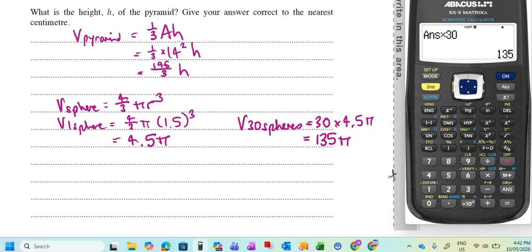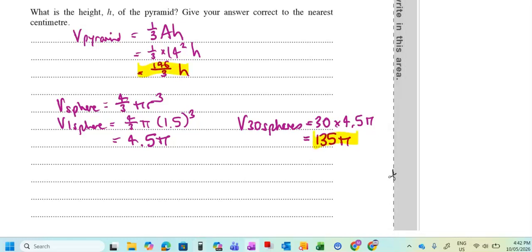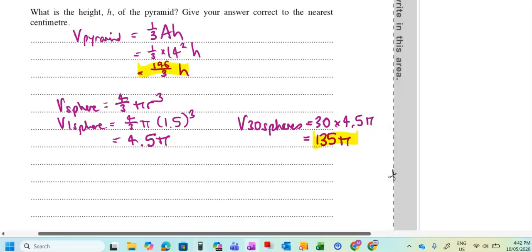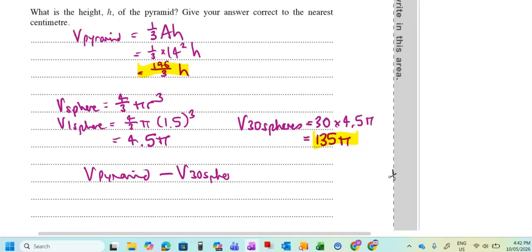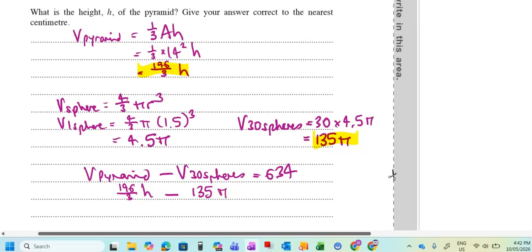We know that the difference between these two things has been given to us as 634. So let's set up that equation. The volume of the pyramid less the volume of 30 spheres is given to us as 634. So 196 on 3 lots of H less 135 pi equals 634.